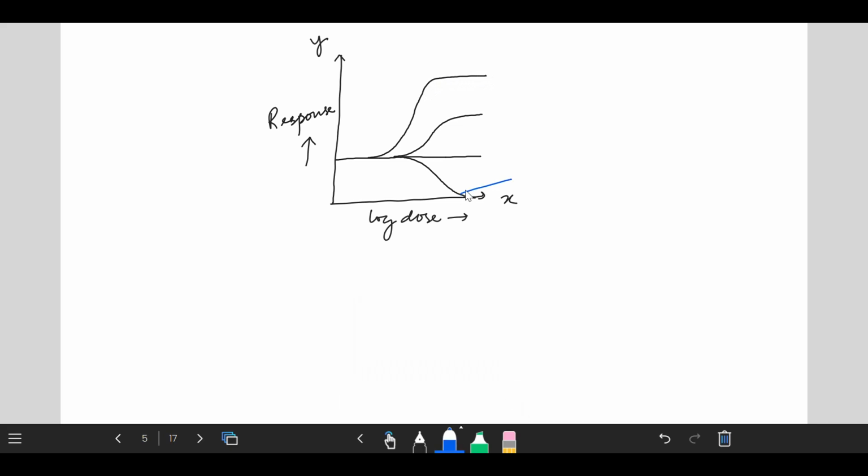This curve represents the inverse agonist, because it has the opposite effect of an agonist. That's why this is a negative curve. That is the antagonistic curve. This curve represents the partial agonist.